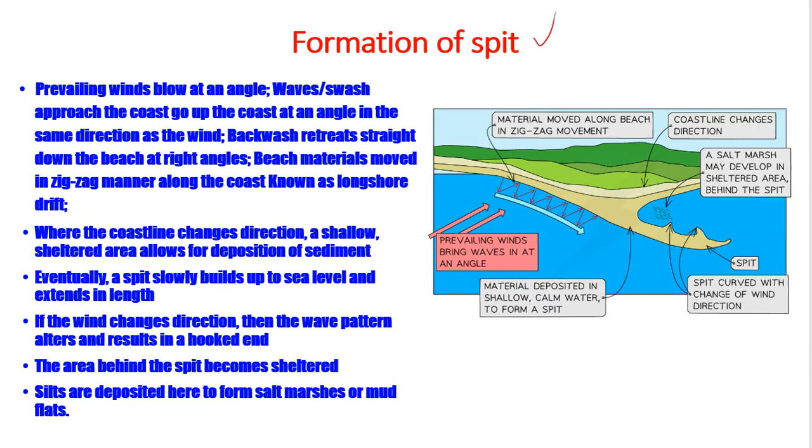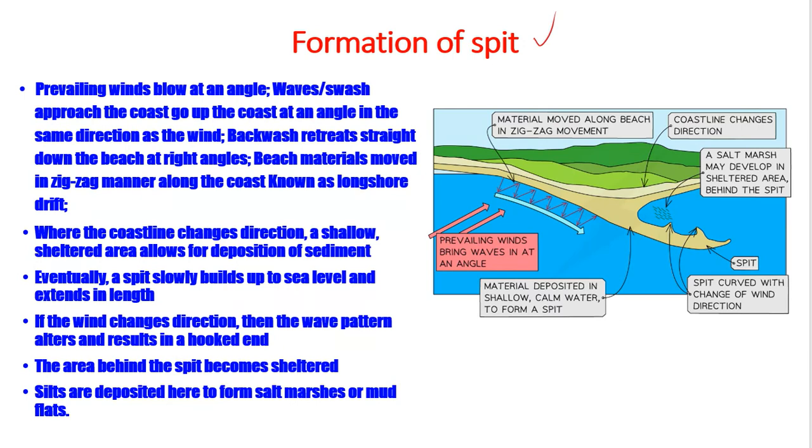Once this material gets deposited there, it builds up over time and protrudes into the sea to form a spit. If the coastline changes direction, that is when the deposition of that material will form a hook, a hooked spit, leaving behind salt marshes. That's just what you need to write in an exam.